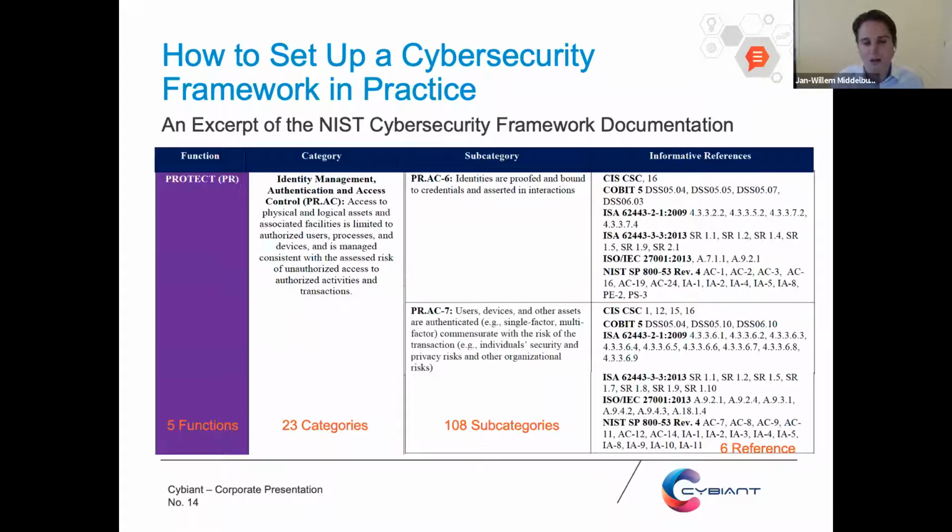So obviously in this webinar, we just have 1 hour, so I'm not going to be able to go through all of the different aspects of the cybersecurity framework documentation in detail. The good news is that you can download this whole framework from the NIST website. It's completely free. So you can look at all of the different elements within the NIST cybersecurity framework documentation.